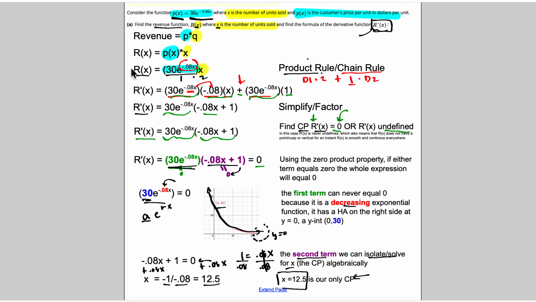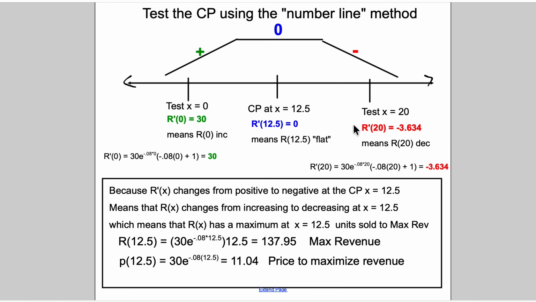So my domain of this function is all real numbers. So this actually is kind of going from negative to positive infinity here. Anyway, so we're going to divide up our domain into subintervals.